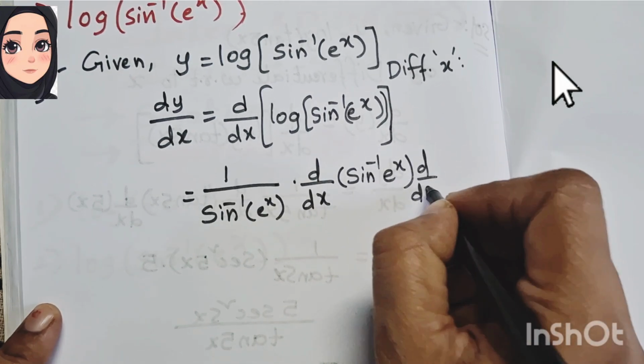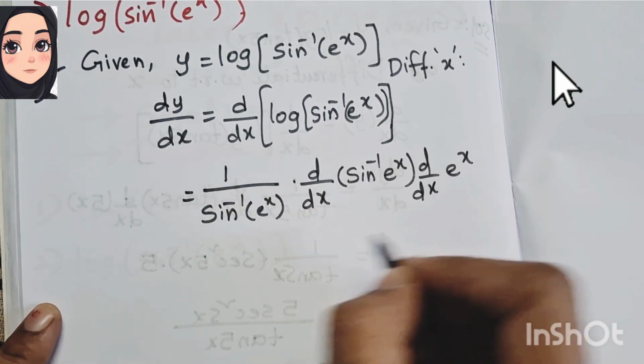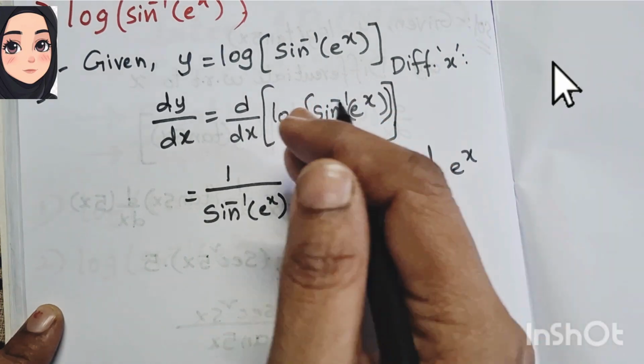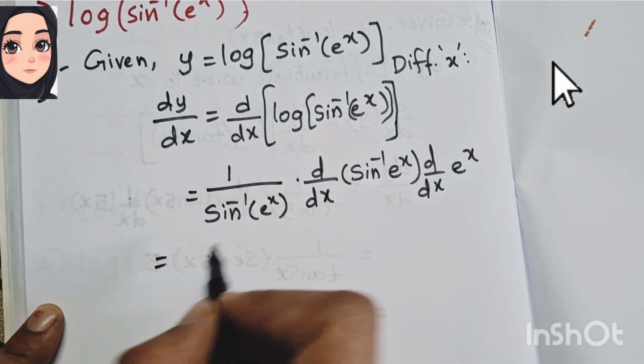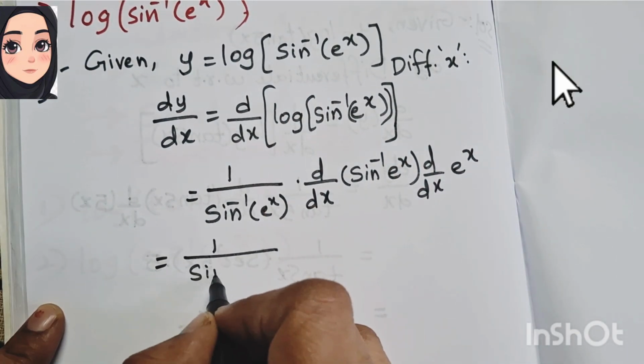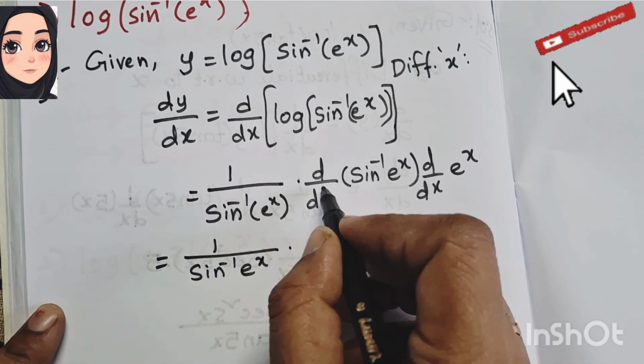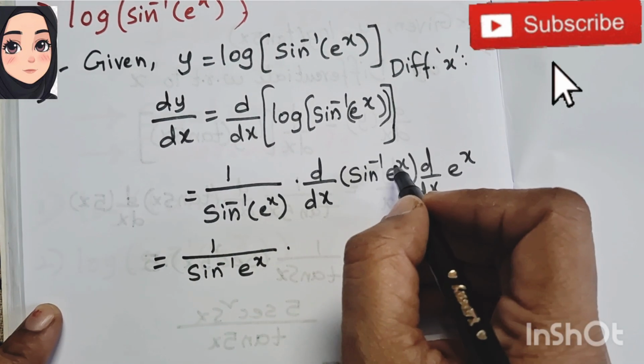Again we have another term, d by dx of e power x. So each and every term we have to differentiate.